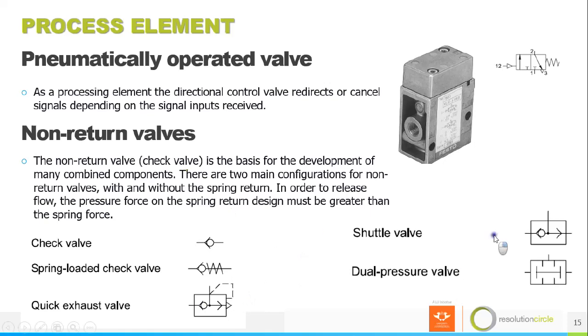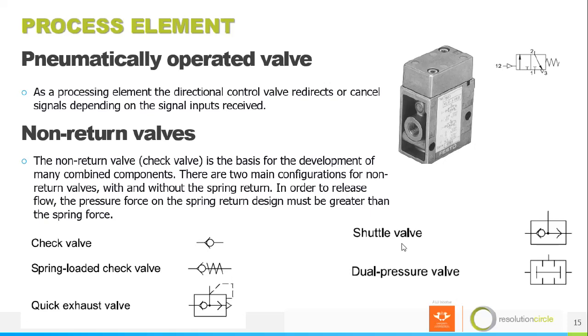Okay. Then on this other side, we have a shuttle valve. The pneumatic shuttle valve and dual pressure valve have logic functions. Both have 2 inputs and 1 output each.